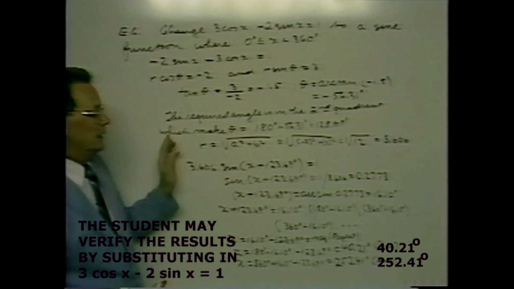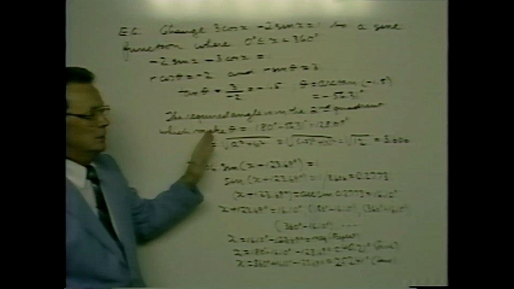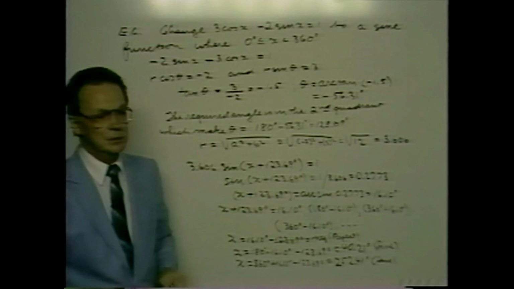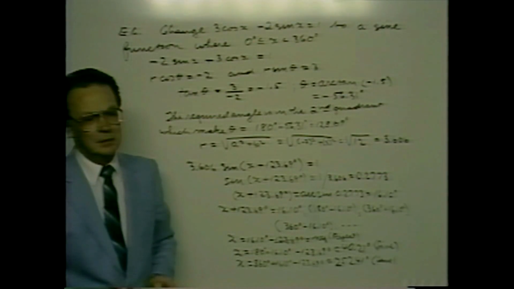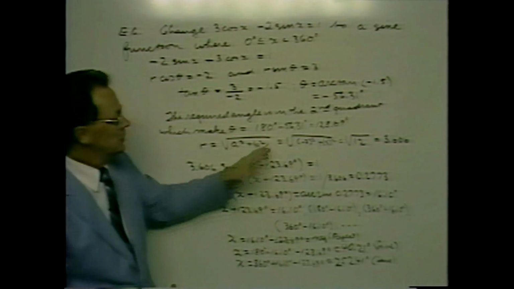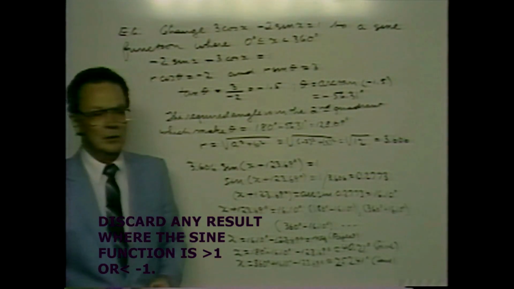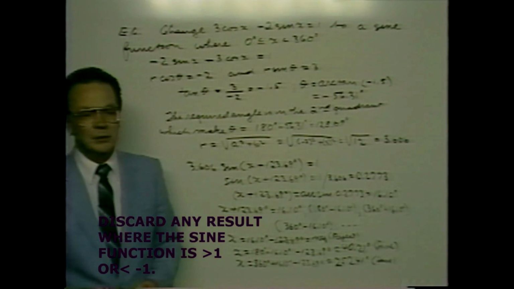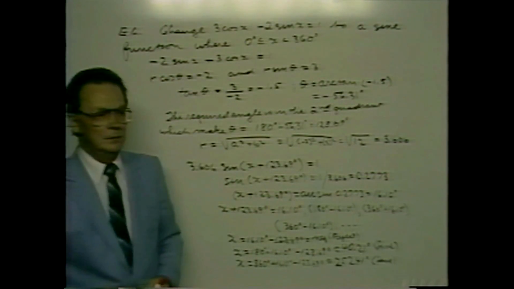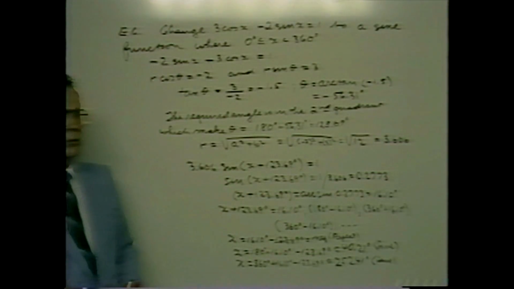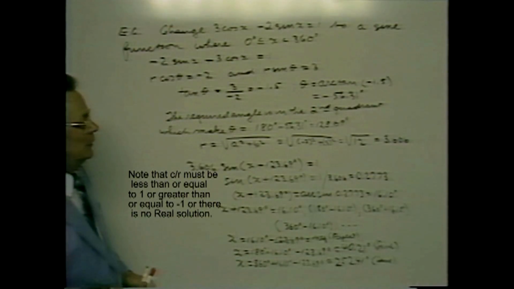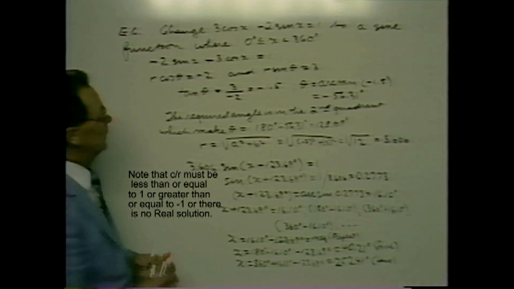You'll notice that in the equation where I had a cos theta plus b sine theta is equal to c, you cannot have a ratio when you divide the angle for sine greater than 1, because there's no sine nor cosine of any angle where the value of such angles is greater than 1.